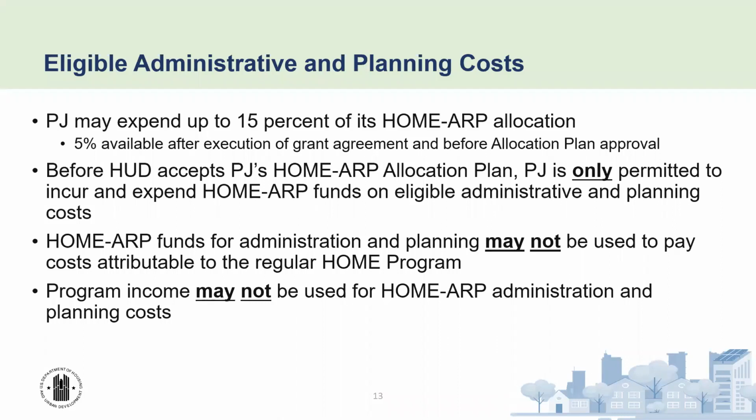Prior to HUD's acceptance of a PJ's allocation plan, PJs are only permitted to incur and expend HOME-ARP funds on eligible administrative and planning costs. Funds under the HOME-ARP program may not be expended to pay for any HOME program costs, and also a portion of or any of the PJ's program income may not be used to pay for administrative and planning costs.